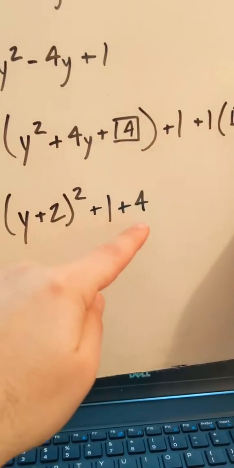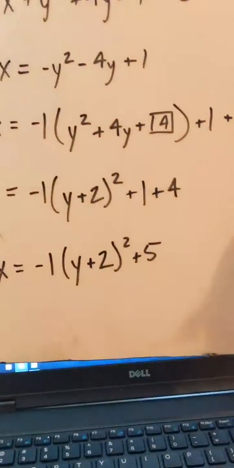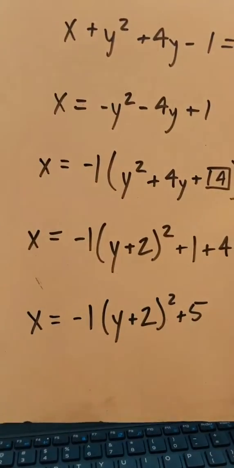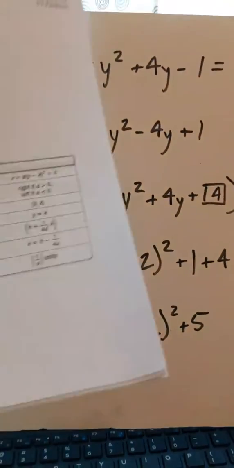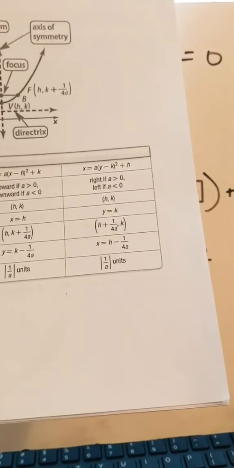All right, just finish that last part up right there. So the equation should be x equals -1 times (y plus 2) squared plus 5. Okay, now keep in mind that this is an x equals equation, so it is at the top right there in that chart.